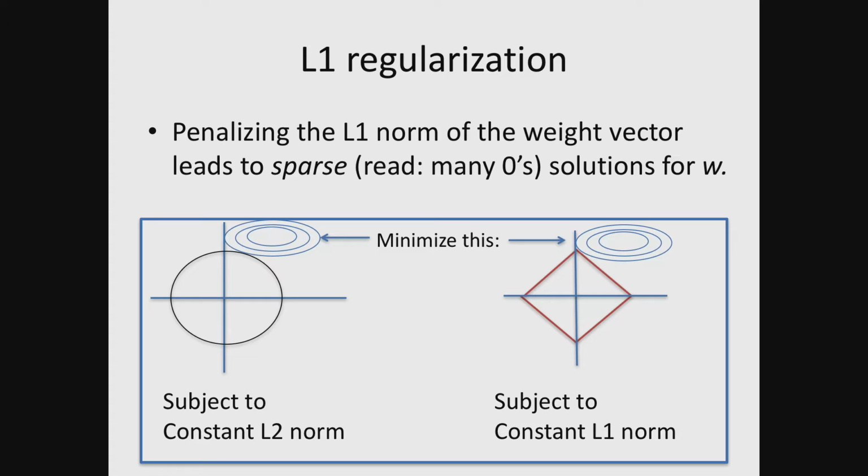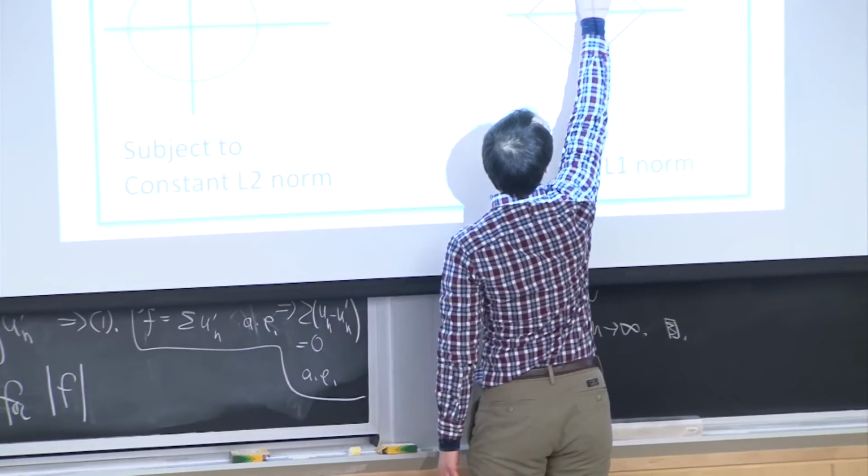Well, the optimal solution is going to be, in essence, the closest point along the circle, which gets as close as possible to the middle of that level set. So over here, the closest point is that one. And you'll see that this point has a non-zero W1 and W2. Over here, the closest point is over here.